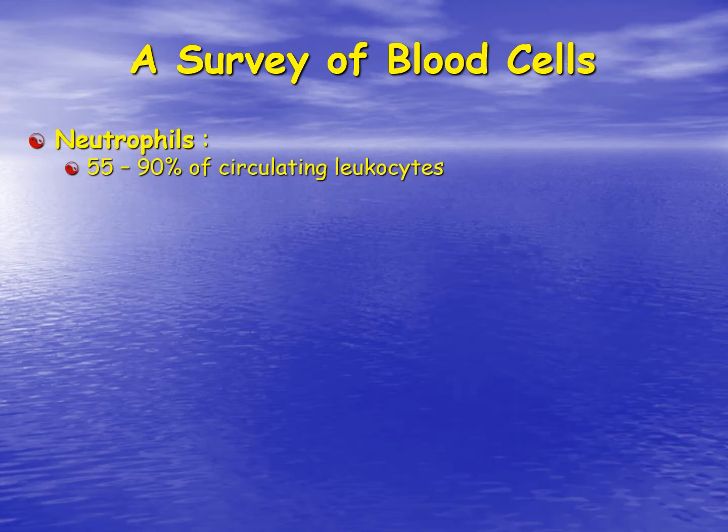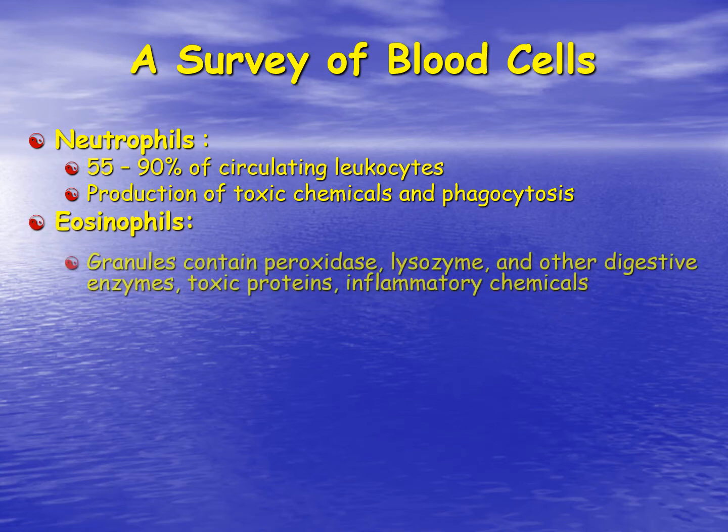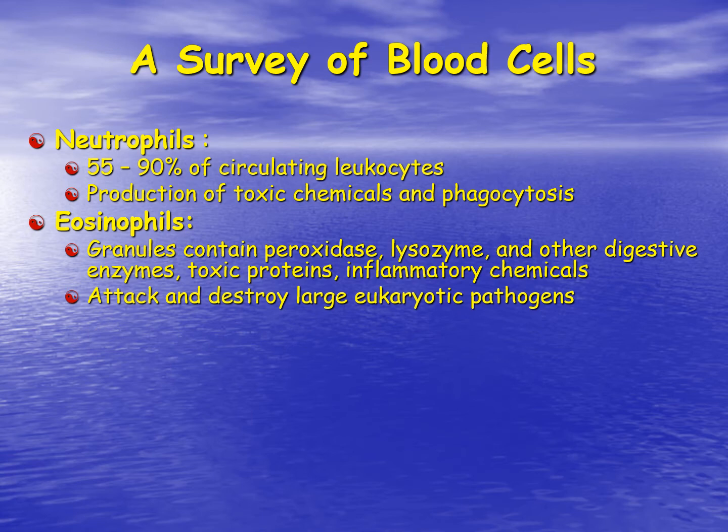Neutrophils make up around 60 to 70% on average of circulating leukocytes. They produce toxic chemicals and are phagocytic in function. Eosinophils, the granules contain peroxidases, lysozymes, and other digestive enzymes, along with toxic proteins and inflammatory chemicals. And they can attack and destroy large eukaryotic pathogens such as our worms and flukes.